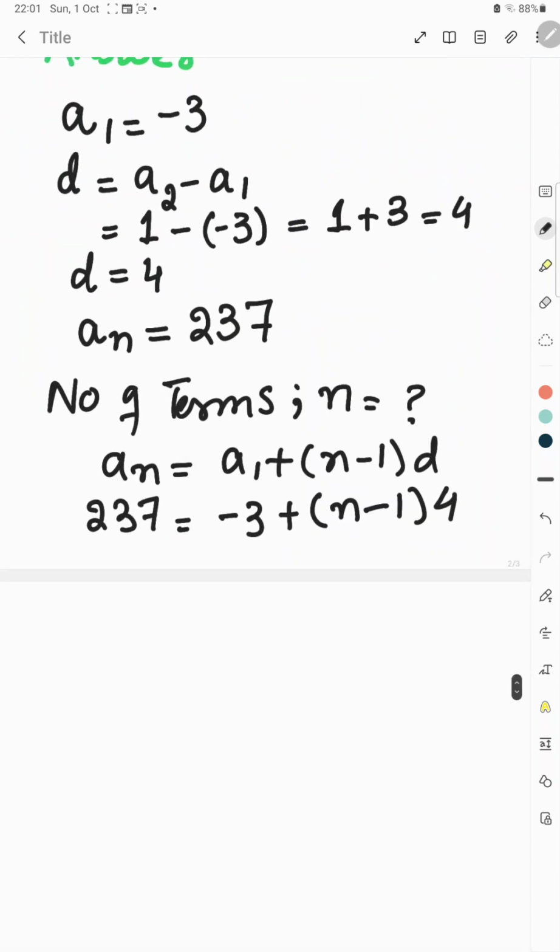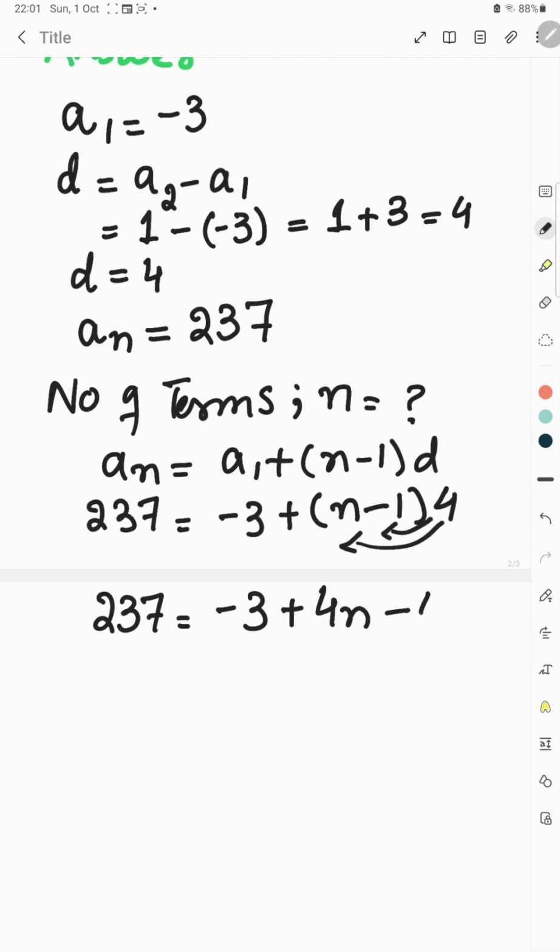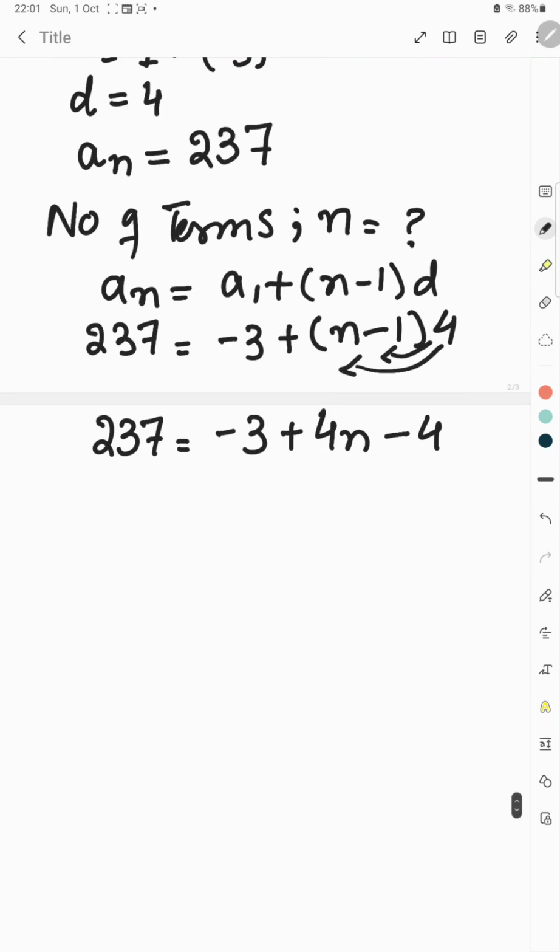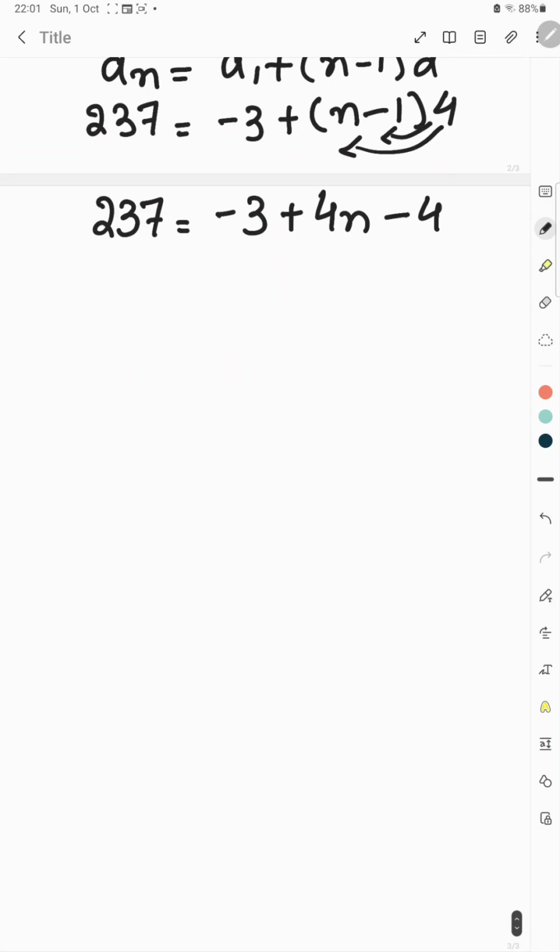Now we will simplify this. So 237 is equal to -3 plus, multiplying the 4 inside the bracket, 4n minus 4 ones are 4. Now 237 equals 4 minus 3, and minus 4 is -7, and plus 4n.